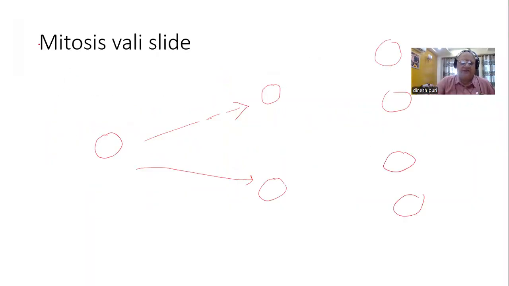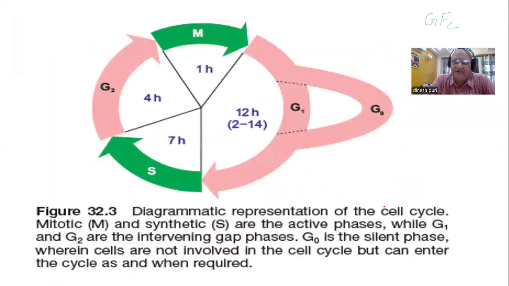Now, mitosis. All of you know it very well that normally life starts from a single cell called zygote. There are multiple divisions and then a large number of cells are formed and they get differentiated into various forms, cuboidal form, squamous form, etc. So division and differentiation and everything, as I said, is under meticulous control.